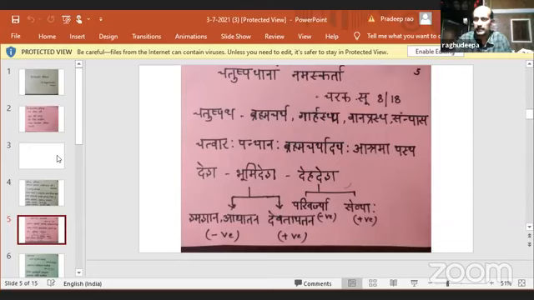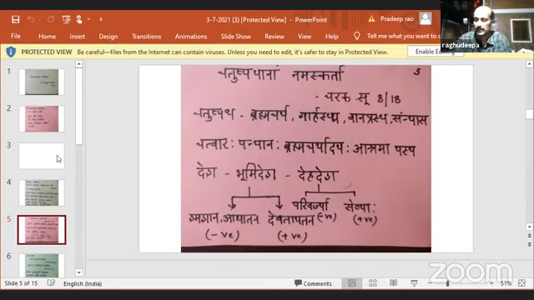Every person has 4 stages in his life. The first one is Brahmacharya, the study period where knowledge is gained. Brahma means Jnana. So it is the period of learning in the Gurukula system. Then Garhasthya: after getting the knowledge, he gets married, and that is called Grihastha.